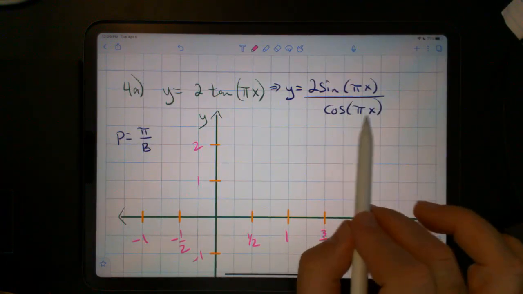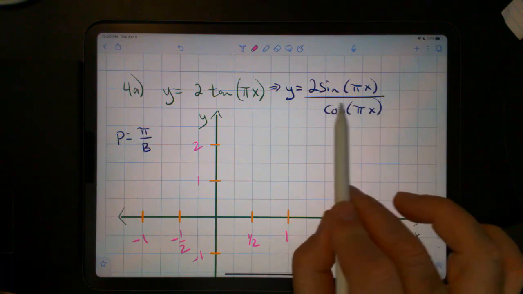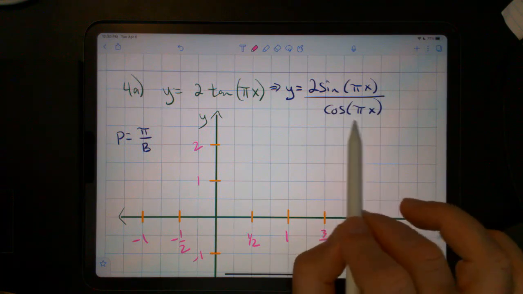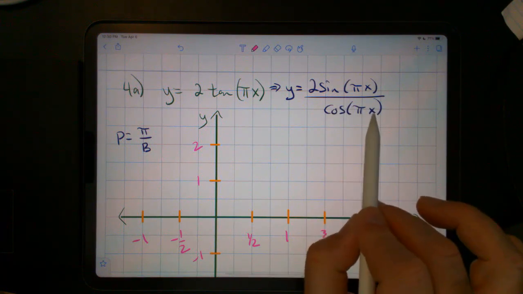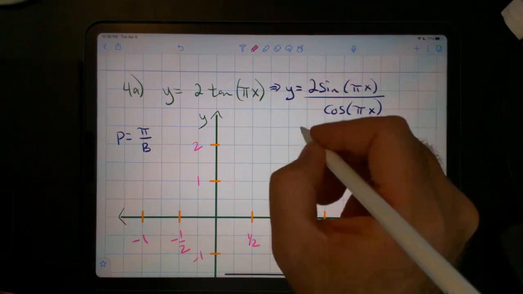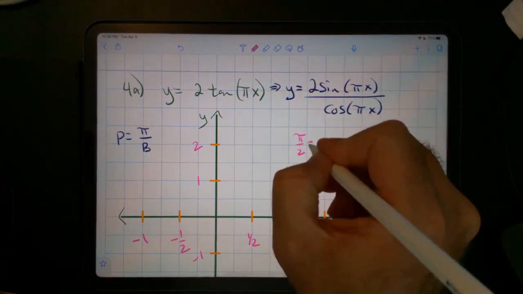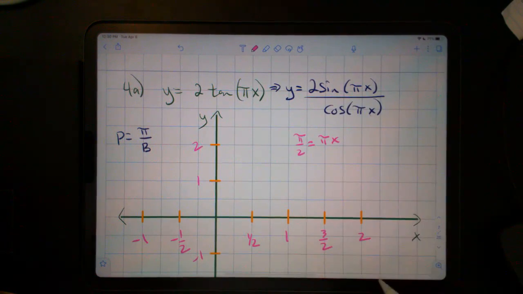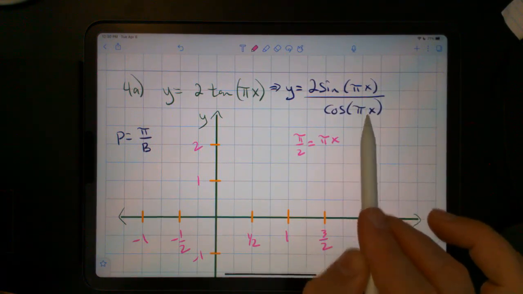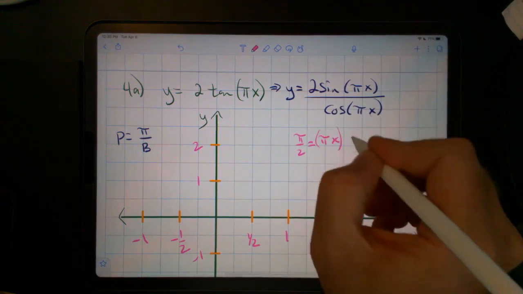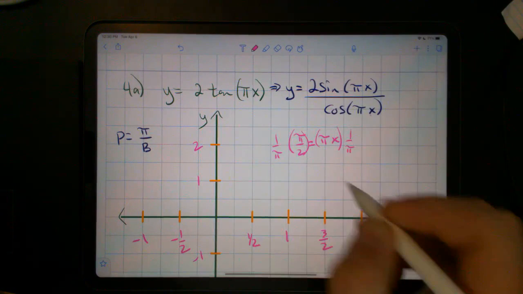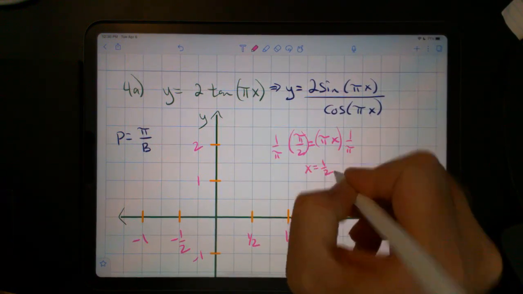So let's take a look at your asymptotes. Your asymptotes are where the graph does not cross. It happens when your denominator is 0. One thing we want to look at is pi over 2 equal to pi x, because cosine of pi over 2 is 0. If we multiply this by 1 over pi, what we have is x equals 1/2.